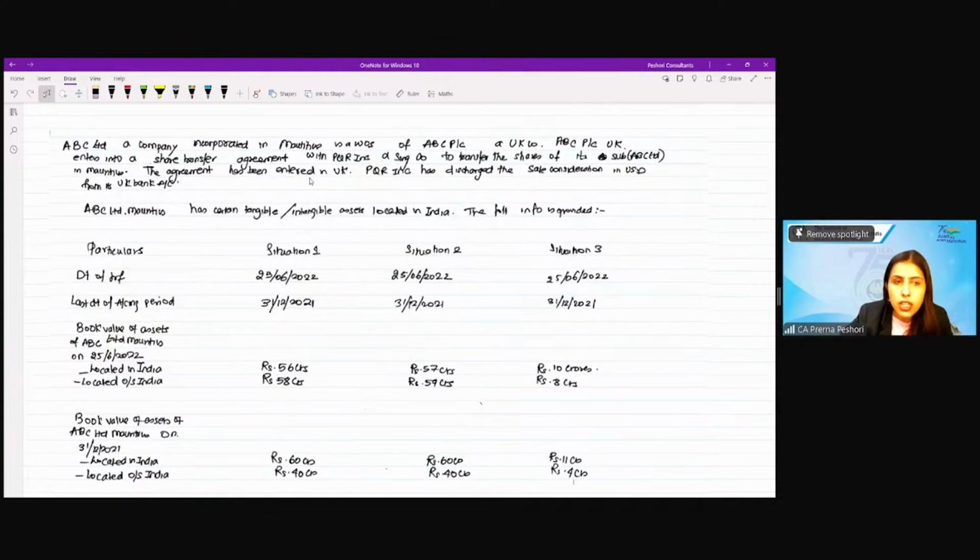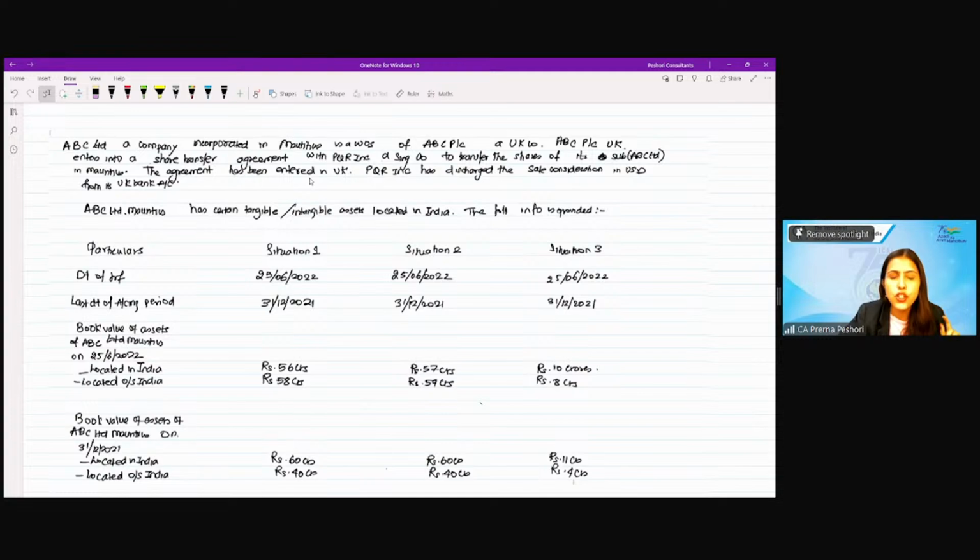And we are given three situations over here, where ABC Limited Mauritius has certain tangible or intangible assets located in India, and the following information is provided with respect to that. So let us consider one situation at a time, and you will have to give me the answers so that we understand whether the indirect transfer will get triggered or not.